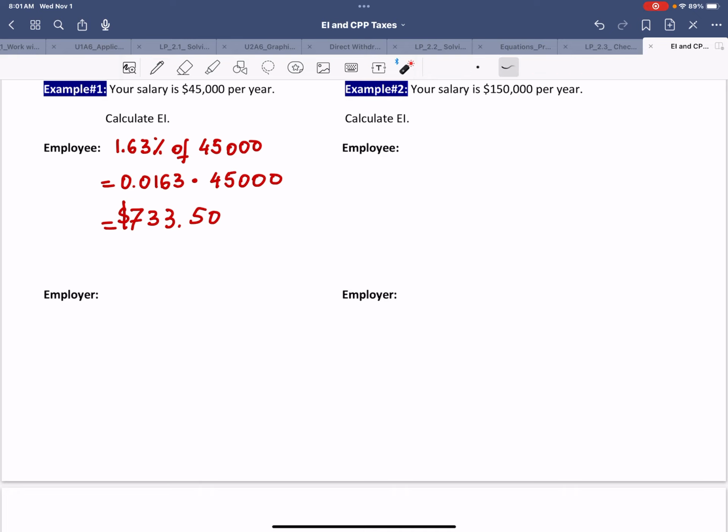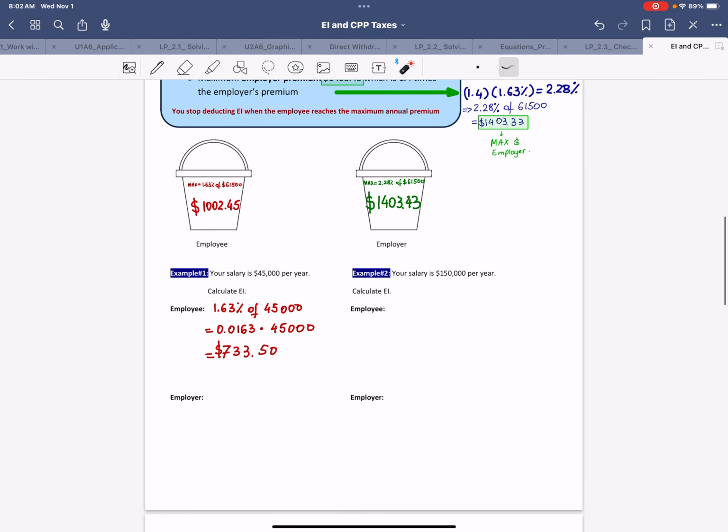So you can find it by simply multiplying by 1.4 times 733.50, which will amount to $1,026.90.